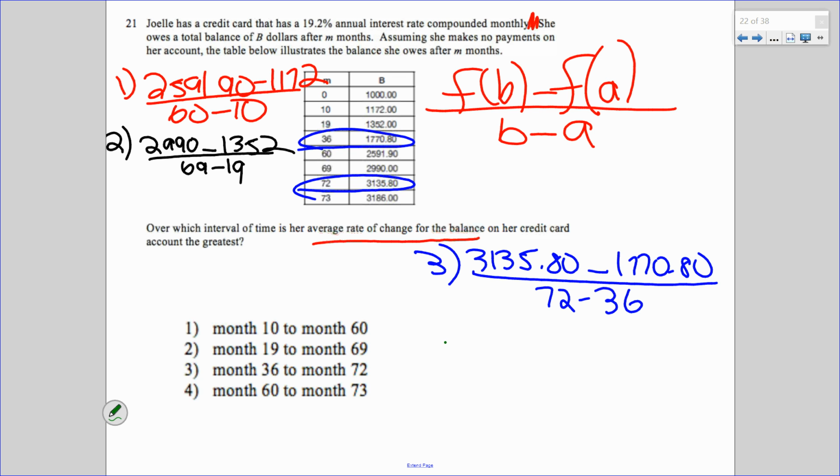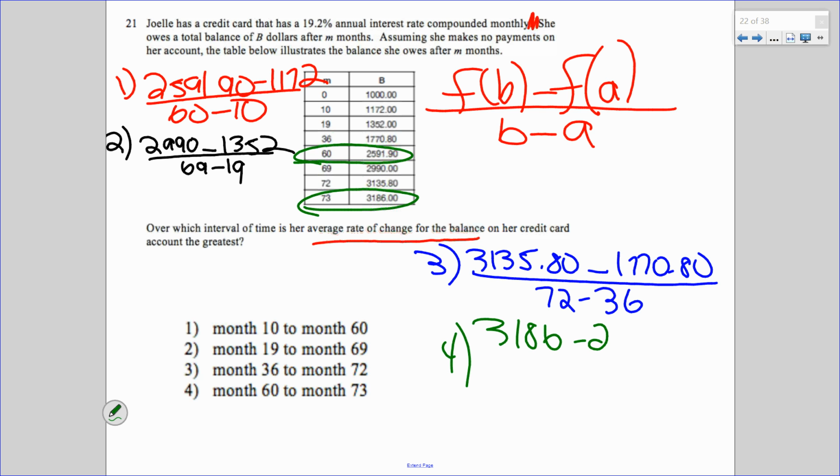And finally, choice 4 is 60 to 73. My students have done this question many, many times. I think they know what the answer is going to be just through blind repetition. 3186 minus 259190 over 73 minus 60.